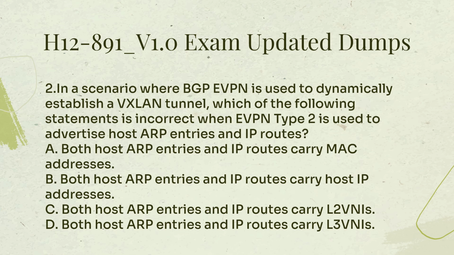B. Both host ARP entries and IP routes carry host IP addresses. C. Both host ARP entries and IP routes carry L2 VNIs. D. Both host ARP entries and IP routes carry L3 VNIs.